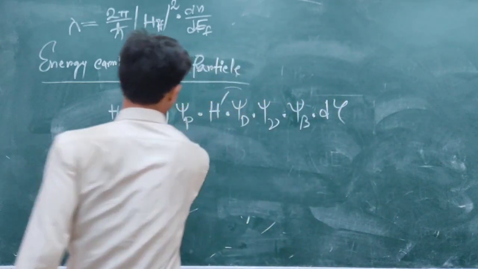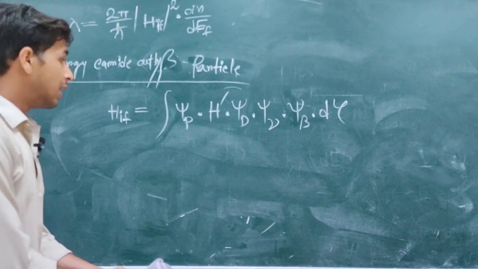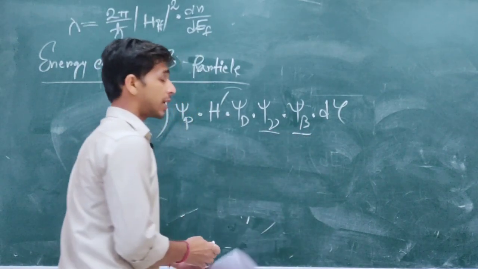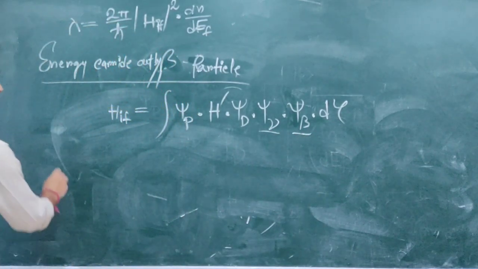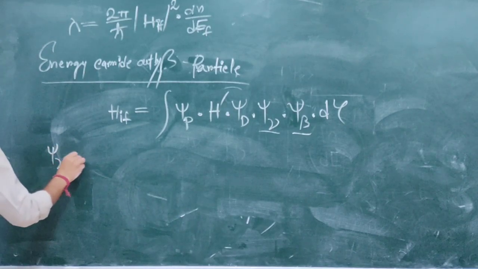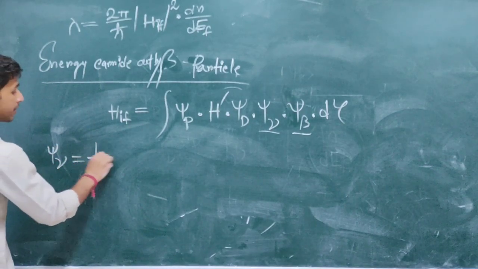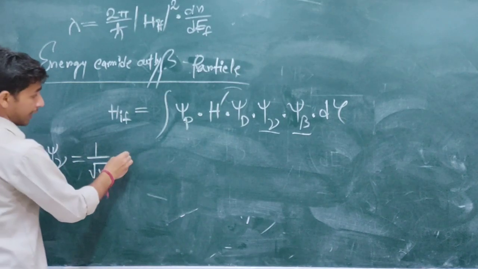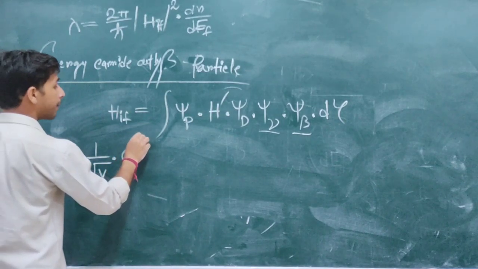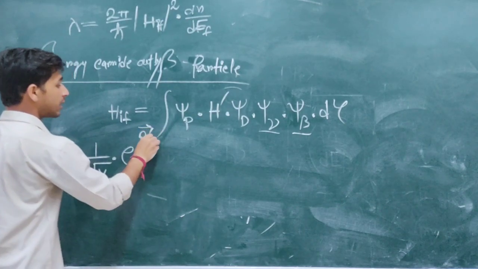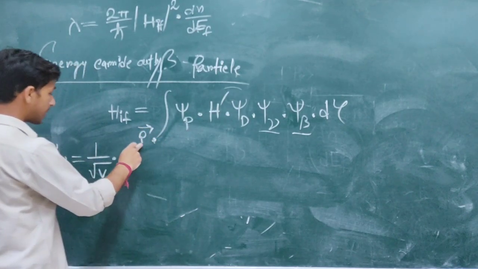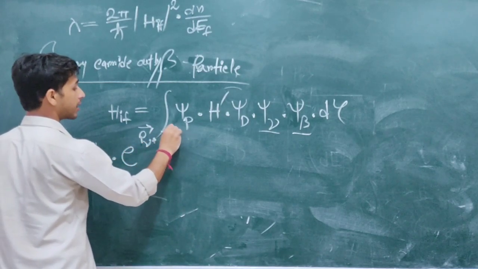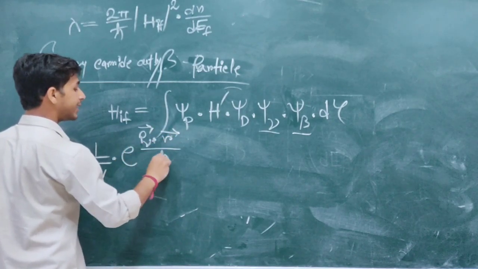Now we know the wave functions for psi nu and psi beta. So psi nu is equal to 1 divided by root V times e to the power i p vector dot r vector, where p is the neutrino's momentum, divided by h cross.